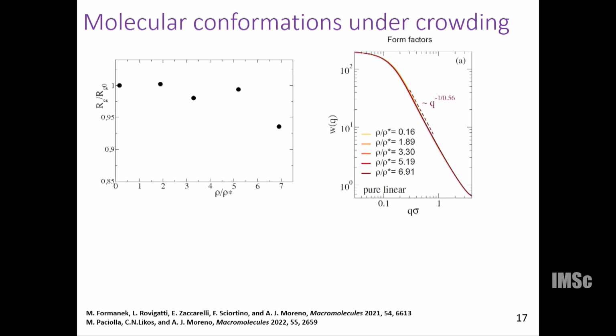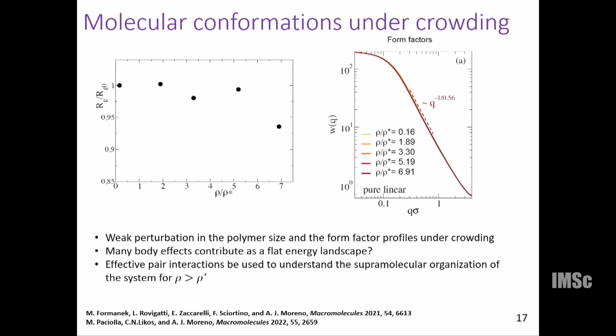If you keep them in a melt at higher crowding, there will be some shrinkage seen. But in this kind of reversible polymer network, the shrinkage is not seen because of the formation of intermolecular bonds. So there is a gain in combinatorial entropy. I'm going to discuss it in a minute.